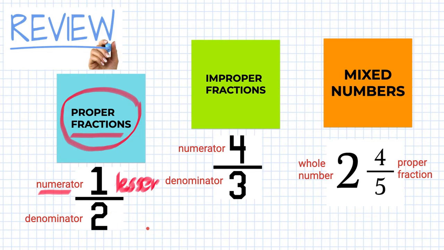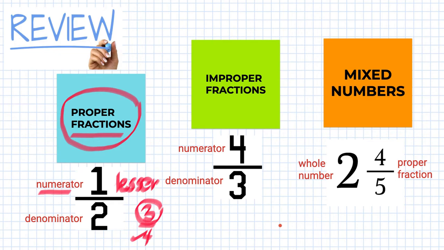Another example of a proper fraction is 3/4. This is a proper fraction because the numerator, which is 3, is lesser than the denominator, which is 4.